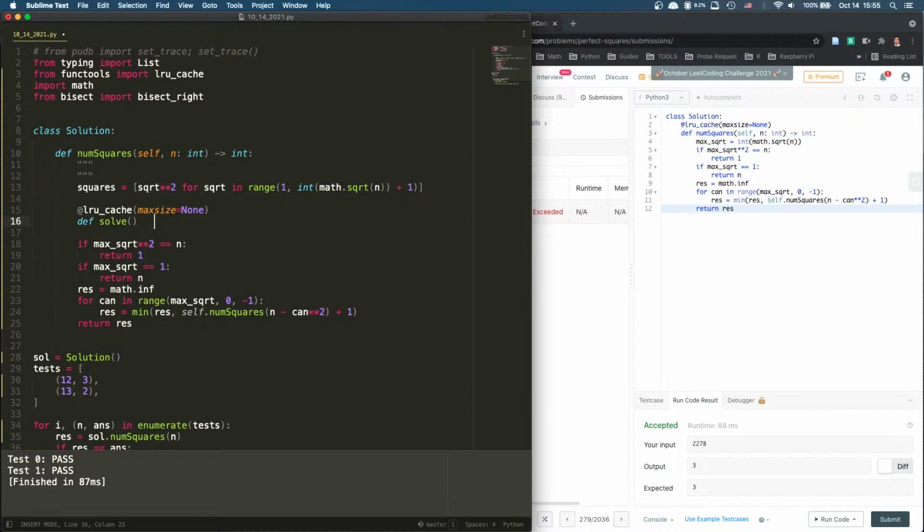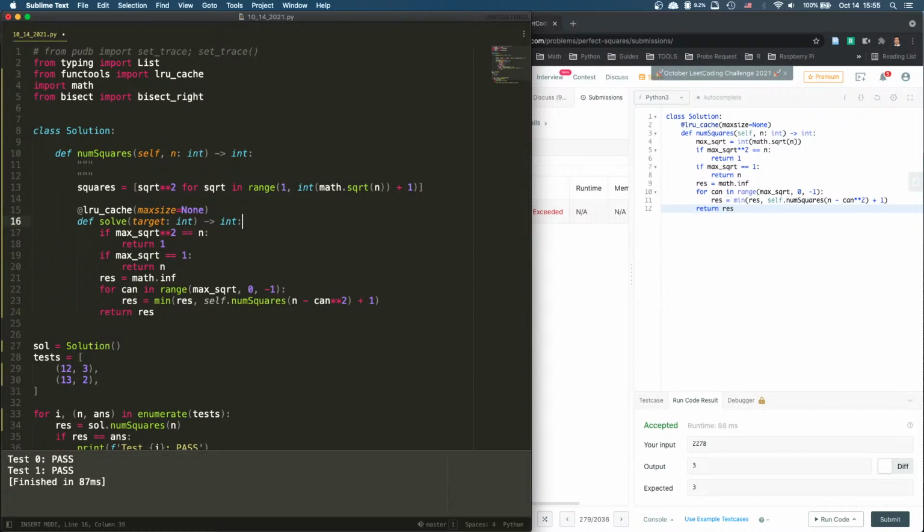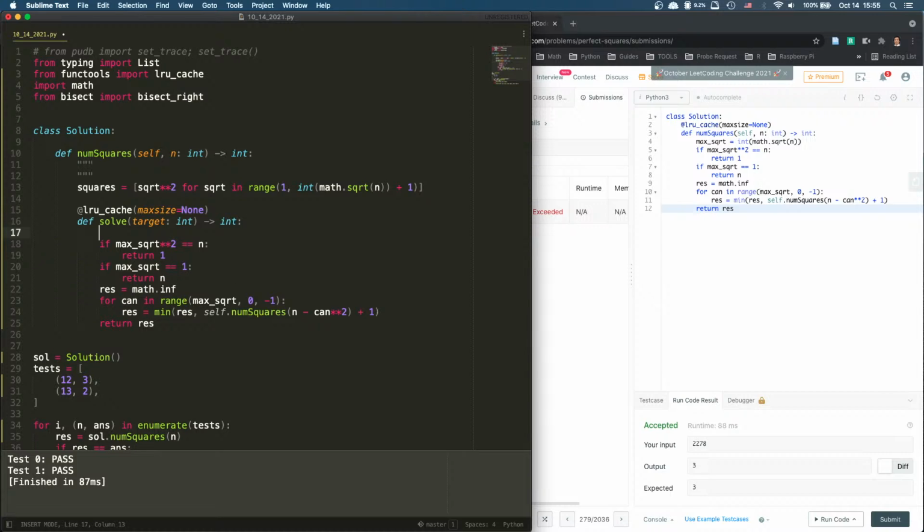So that's solve. Now when we solve, what we need is same thing as an n. It's a target. So we have a target, which is an int, and I'm going to return an int, right? And again, then we use a binary search.